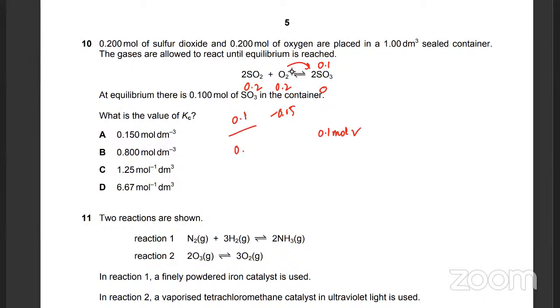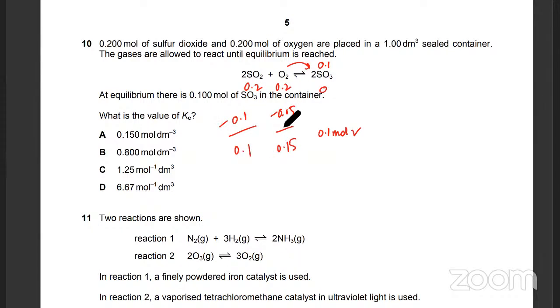Sir, how is it 0.1? 0.15, right? Yes. So I'm just going to repeat. These are the initial moles, and it was given that 0.1 moles of SO3 is formed. To form 0.1, 0.05 of O2 must have reacted and 0.1 of SO2 must have reacted, according to the ratio. Out of 0.2, 0.1 of SO2 is gone, so you're left with 0.1.